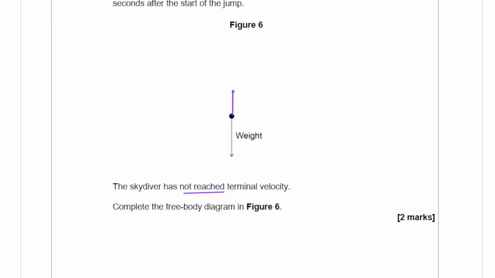So going up, and it should be smaller than the weight arrow. And for 2 marks, you have to label it. It should be labeled as drag. If it was at terminal velocity, then the drag arrow would be the same length as the weight.